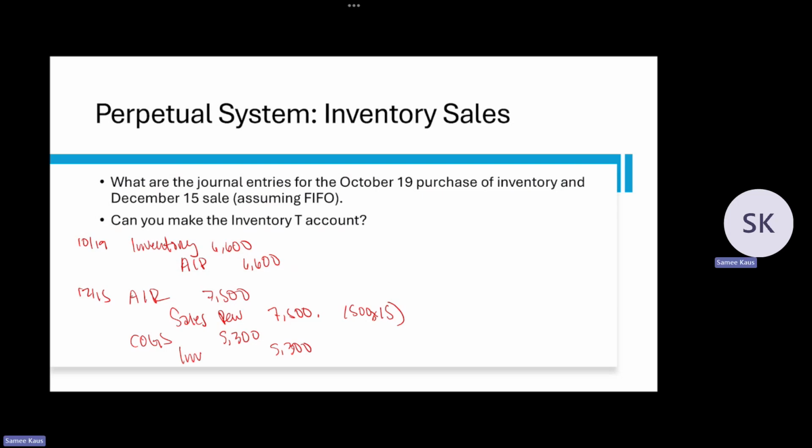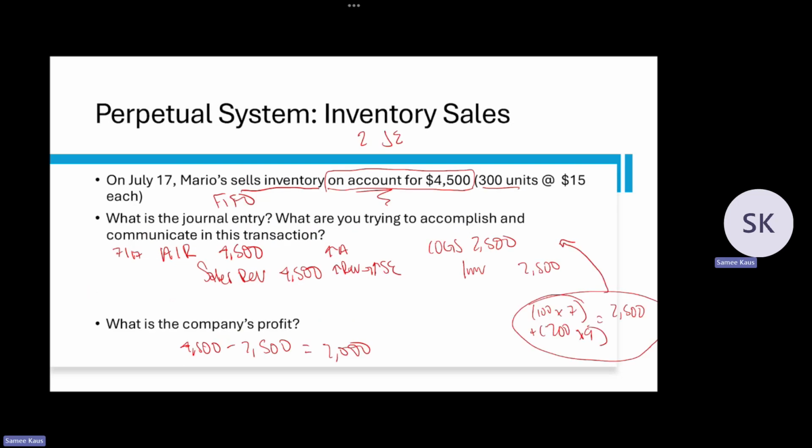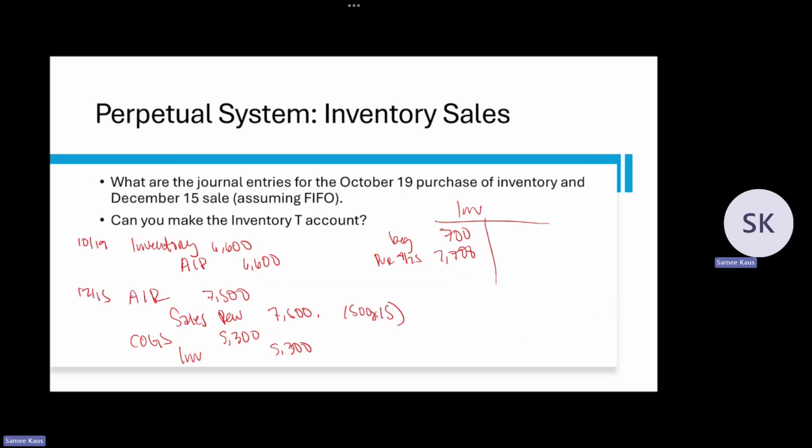So can we make the inventory T account? Well, yeah, absolutely. I know that I have beginning inventory of 700. I know I have a purchase on April 25th for 2,700. I know I have a sale of 2,500, reducing my inventory on July 17th.